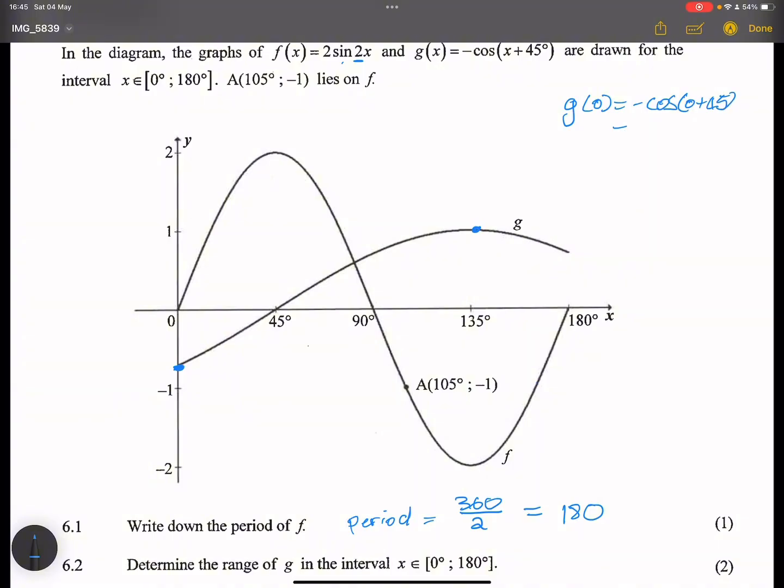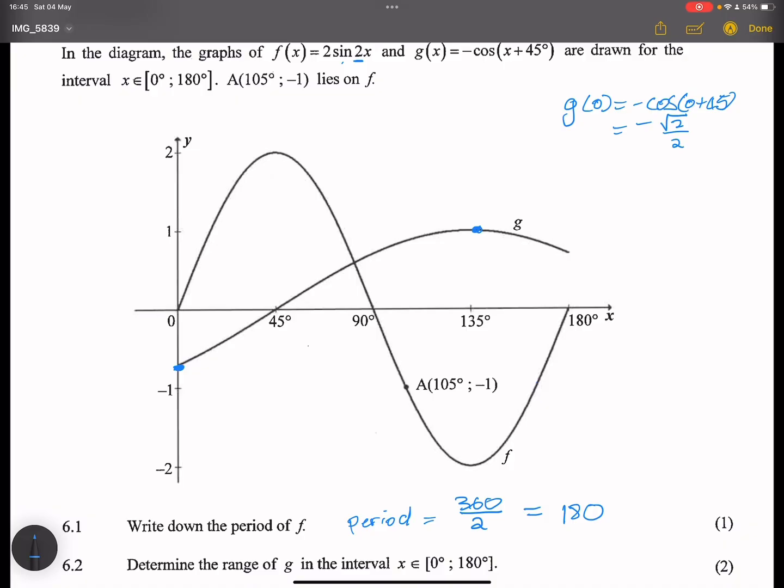Okay, and if we take negative cos of 45, you'll see that this gives us 1 over root 2, rather root 2 over 2. So that would be minus square root 2 over 2. Okay, and the maximum value is 1.